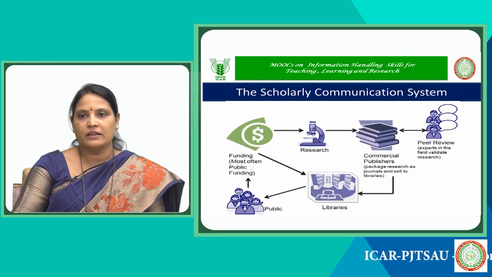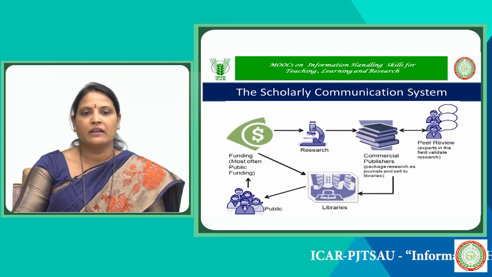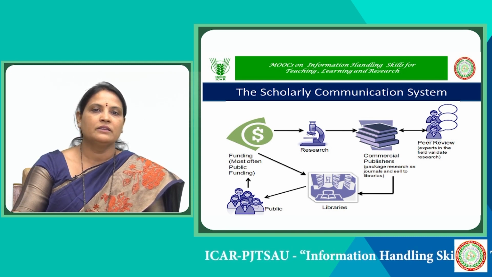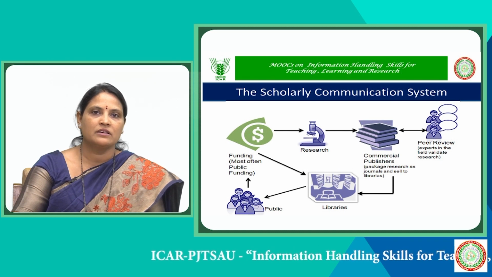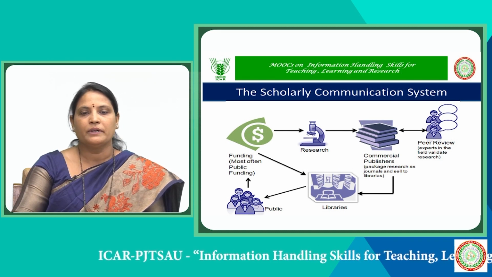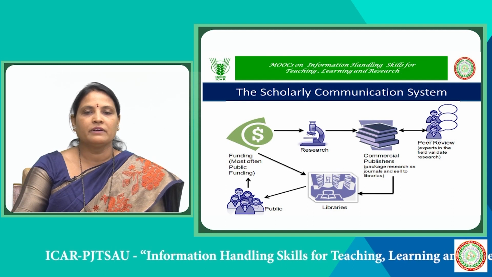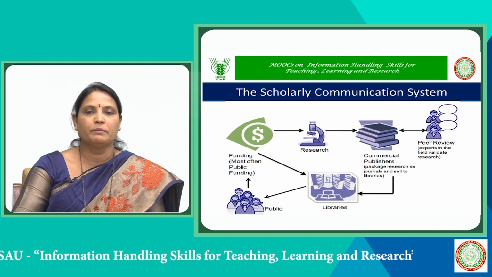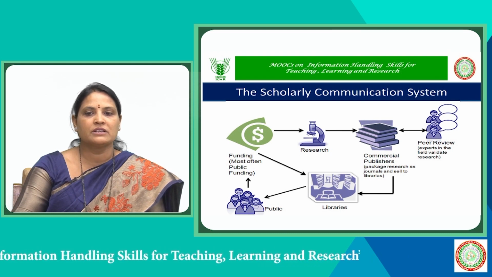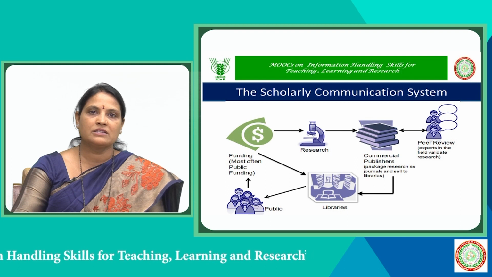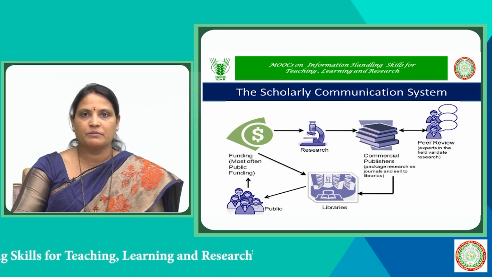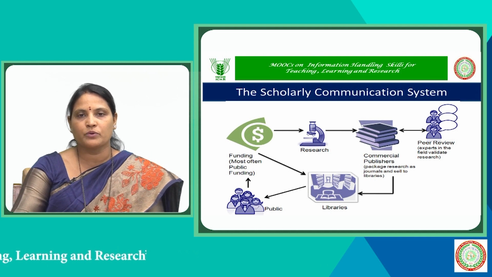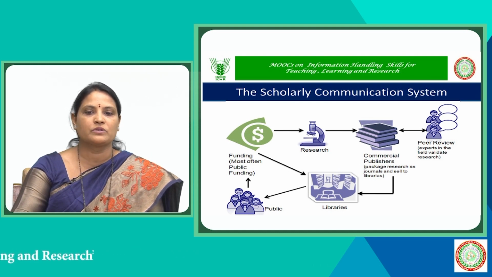Let us see the scholarly communication system life cycle. First, the funding agency gives funds to the researcher to do the research, and the researcher publishes the research findings with commercial publishers. The commercial publishers do not publish output blindly, but also carry out a review process, called the peer review process.